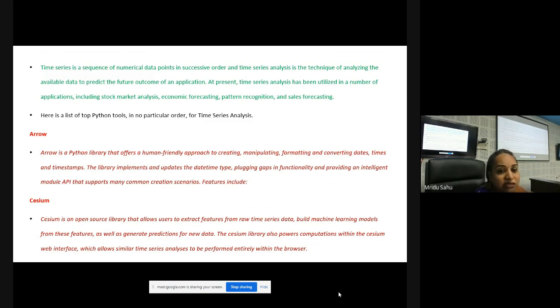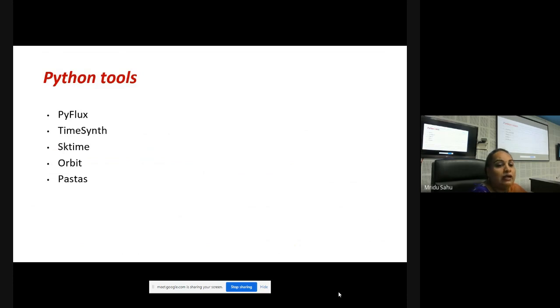So a time series is numeric data points in successive order, and time series analysis is a technique of analyzing the available data to predict the future outcome of an application. All of you can note down these tools, which are required and useful for time series analysis: PyFlux, tsfresh, sktime, Orbit, and Pastas.